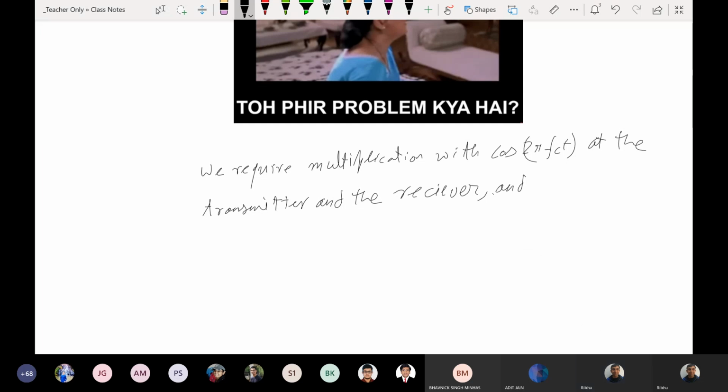and so this cos 2πfct is generated using a local oscillator.